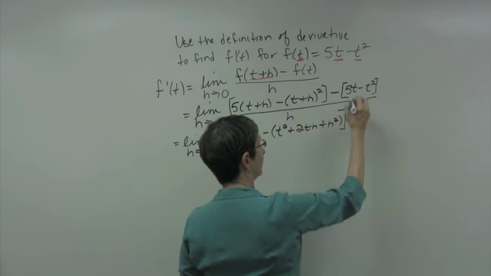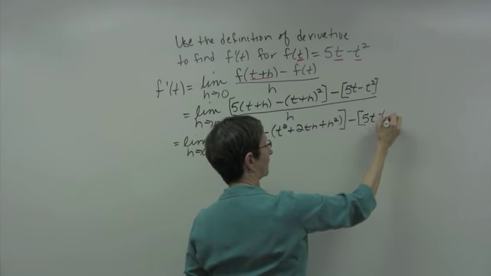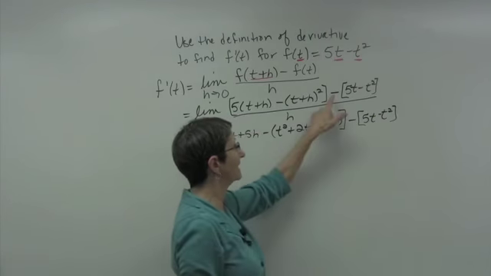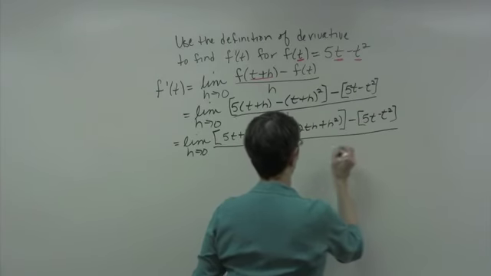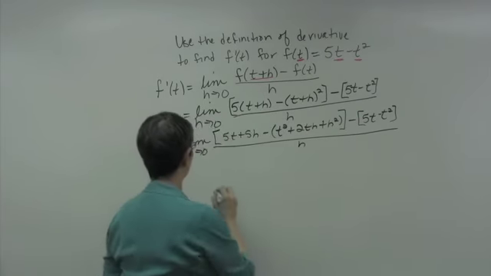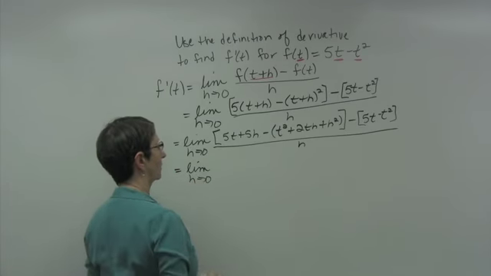Then minus, and if you want to subtract here, I'm going to keep it in a bracket for now. But if you subtract now, you don't forget to change signs. All of this over h equals the limit as h approaches 0.